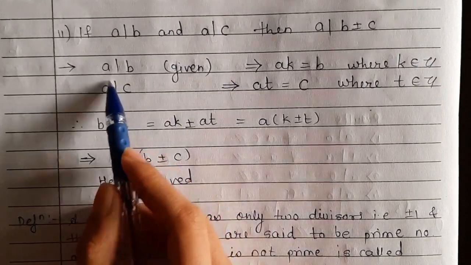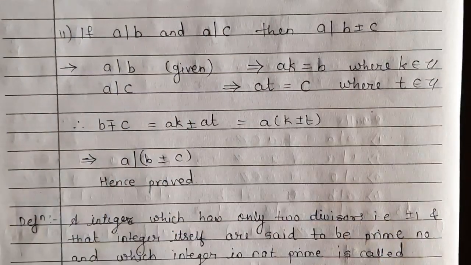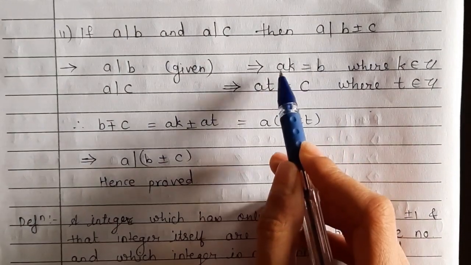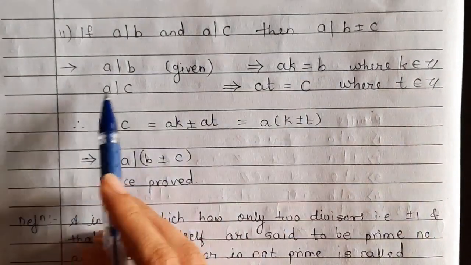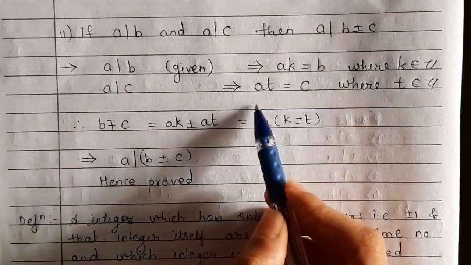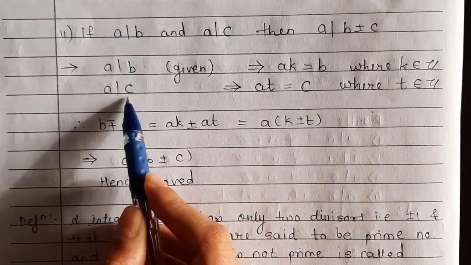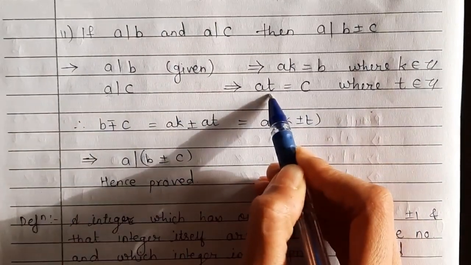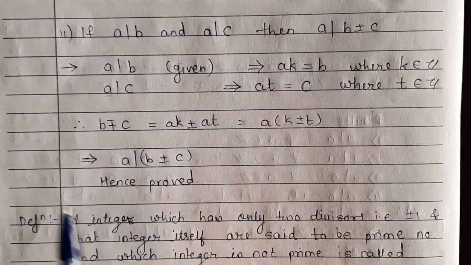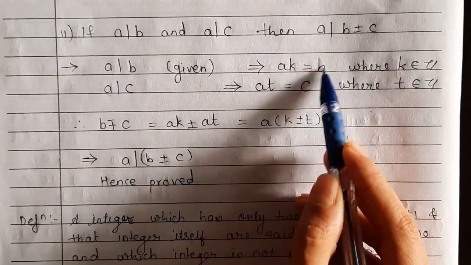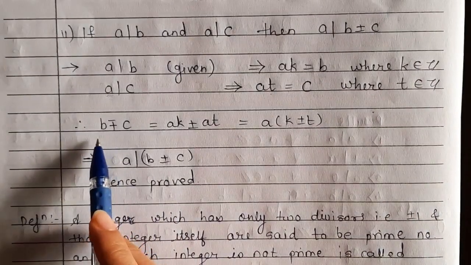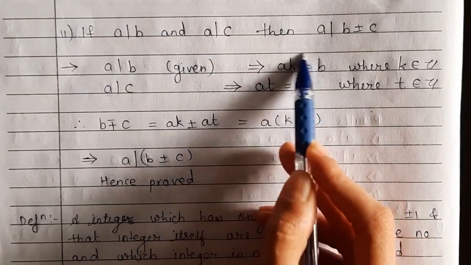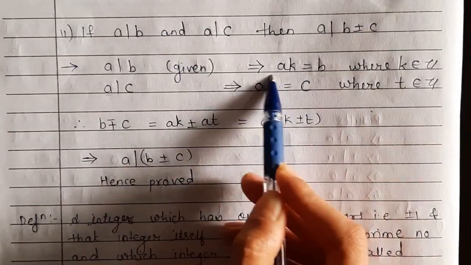We have given a divides b, so from the definition of divisor we write b is equal to a into k. And a divides c means we write c is equal to a into t. Now we take the addition of these two numbers, so b plus or minus c is equal to ak plus or minus at.